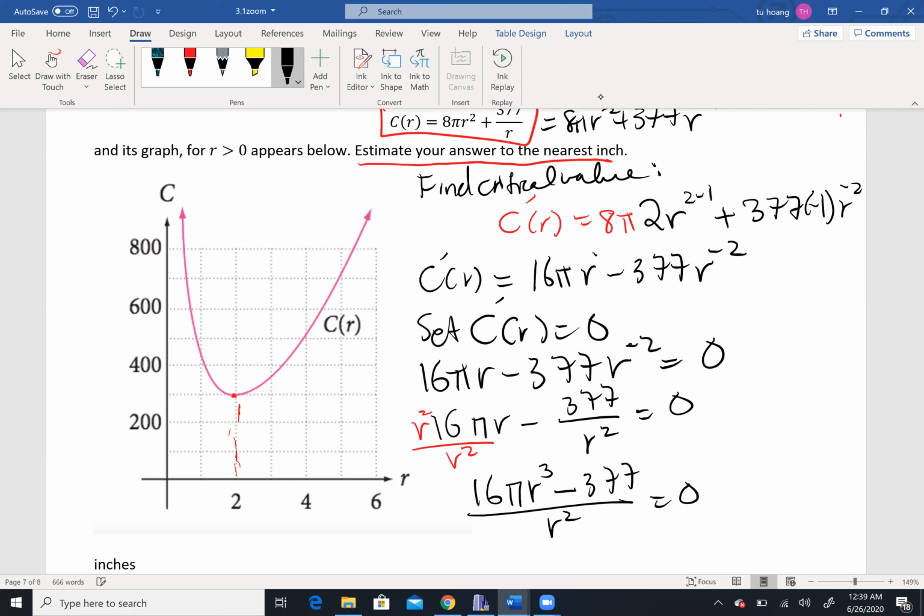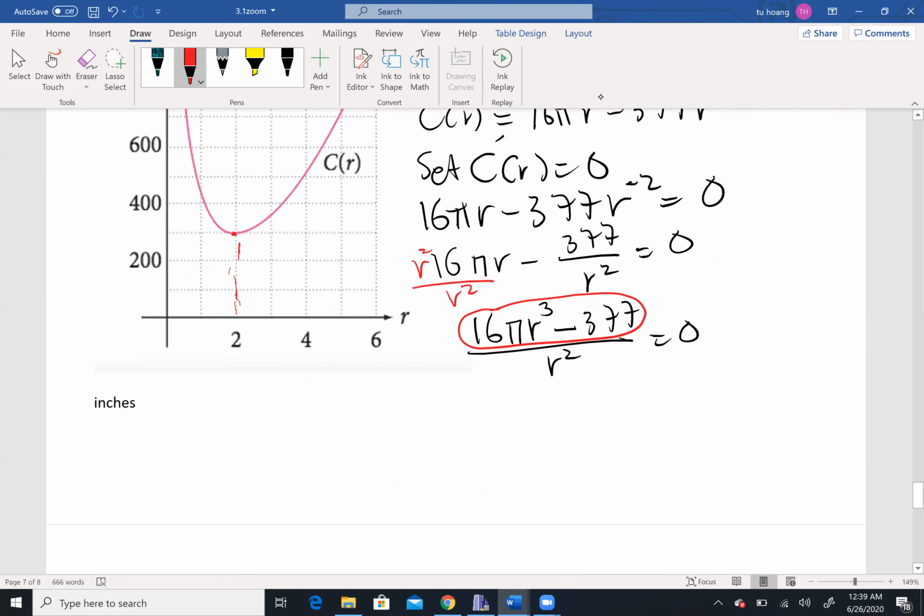In order to solve a rational equation, you just make the top equal to 0 and then solve for r. So I have 16 pi r cubed minus 377 equals 0. And r cannot equal 0 because the bottom cannot equal 0, that makes the function undefined.